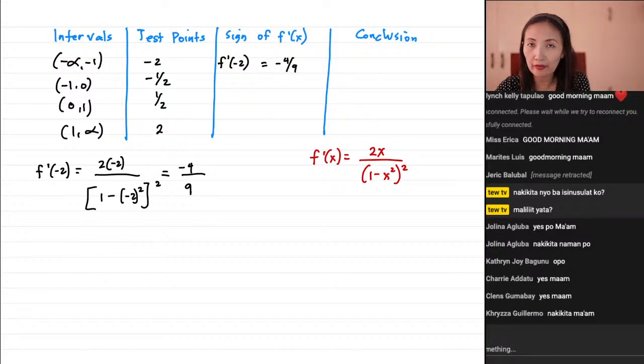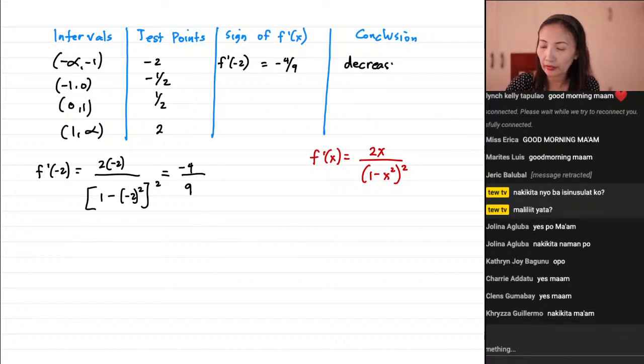So what did we say? If it's negative, then it must be decreasing. How about f prime of negative 1 half? What will this be? 2 times negative 1 half all over the quantity 1 minus negative 1 half squared.